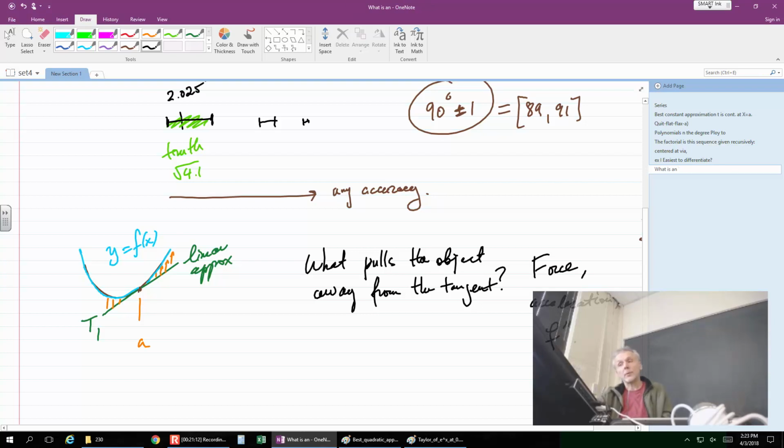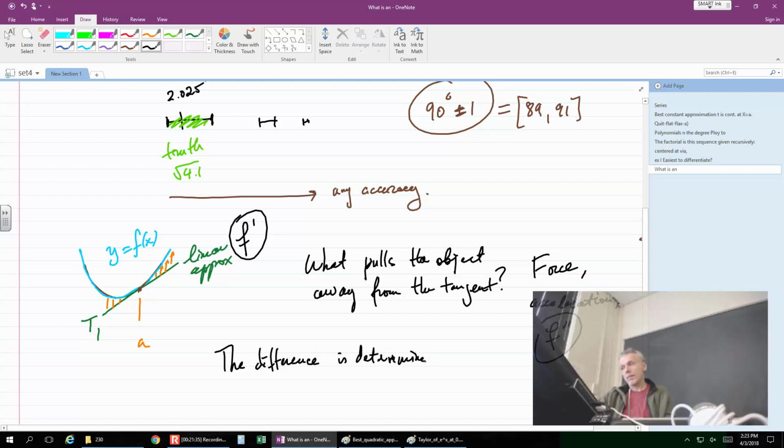So linear approximation, the tangent line, is determined by the first derivative, and the presence of the second derivative is what pulls it away from a straight line. So the difference is determined by how large the second derivative is. Okay, so that's the idea.